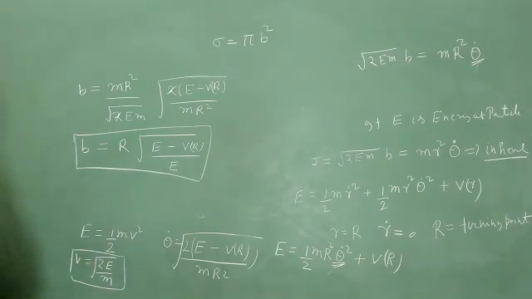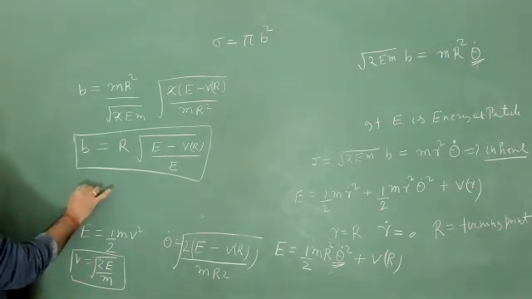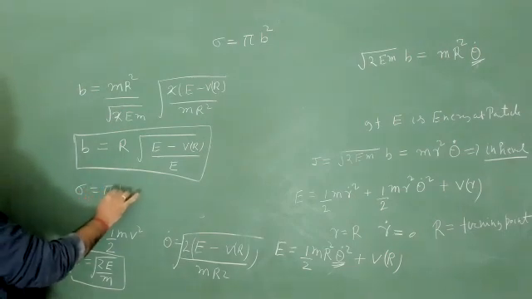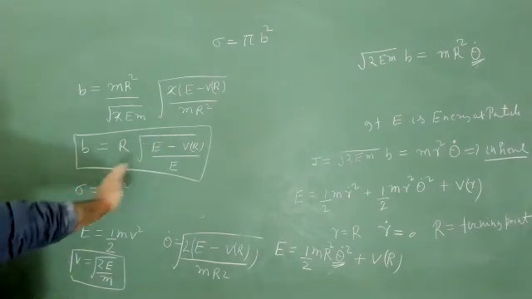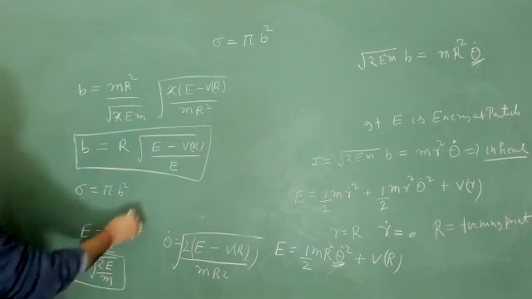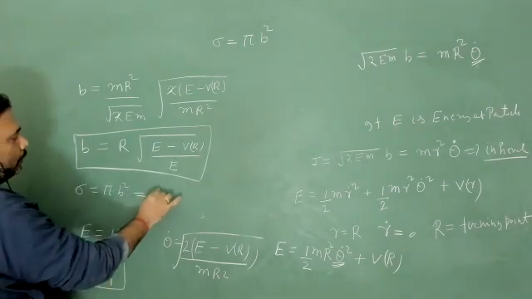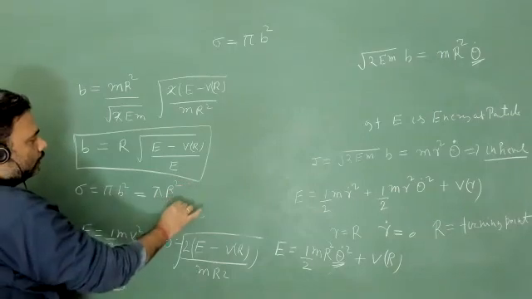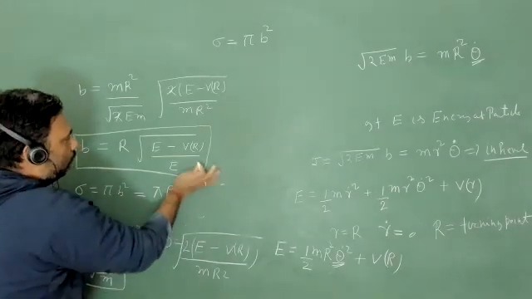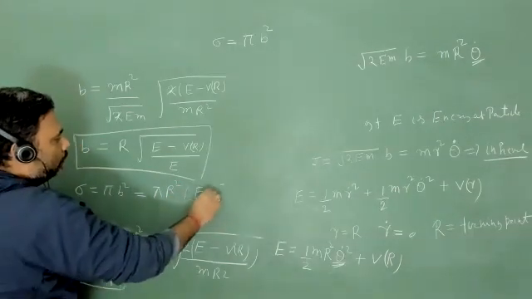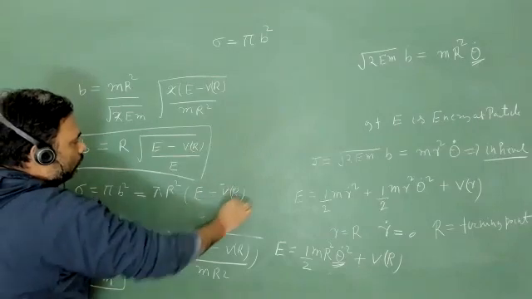And what will sigma be for this? Sigma will be pi b square, because b is not a function of theta here. So sigma is pi b square, and you can write pi r square times E minus V(R) by E.